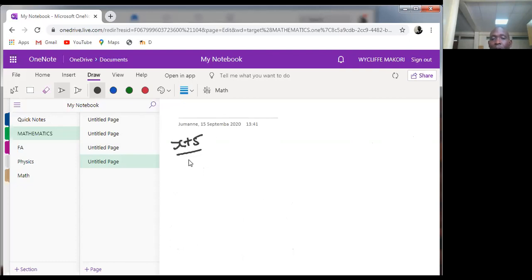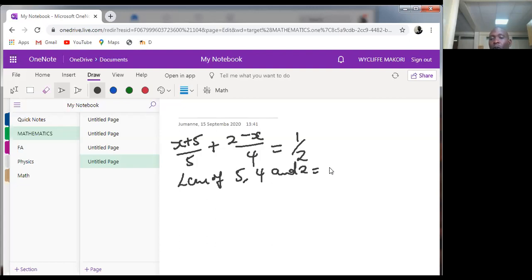We can look at another case whereby you have an example like this: x plus 5 over 5 plus 2 minus x over 4 is equal to 1 over 2. It's given like that. So get the LCM of all the denominators. So the LCM of 5, 4, and 2 is 20. So multiply everywhere by 20.